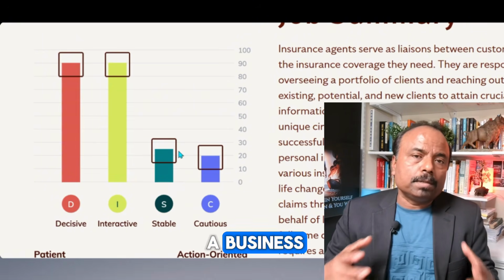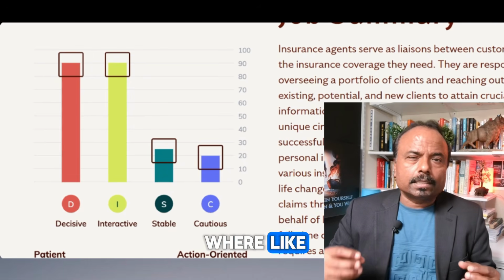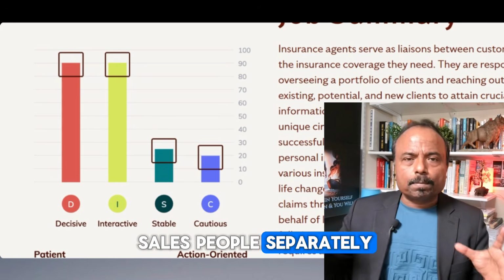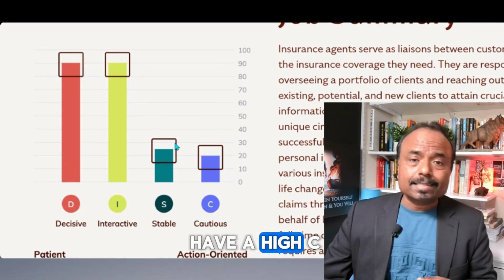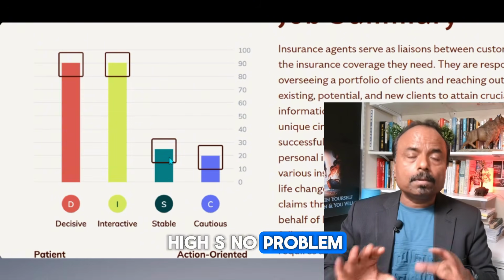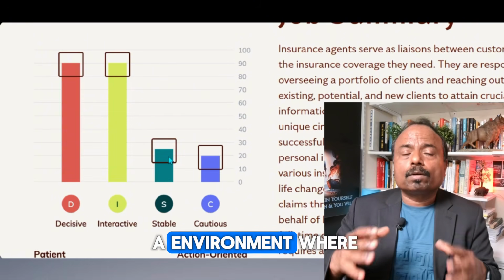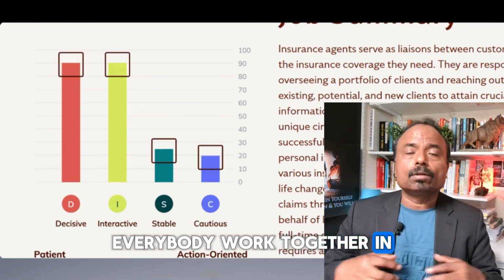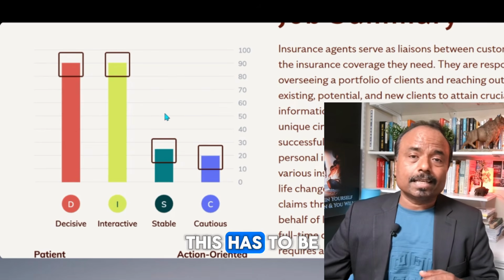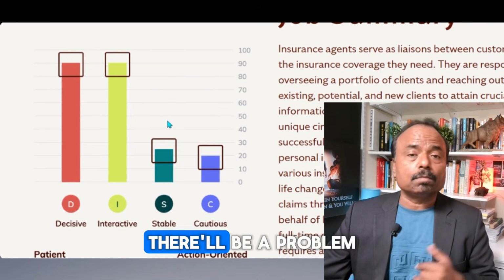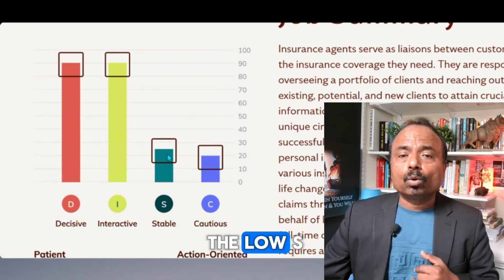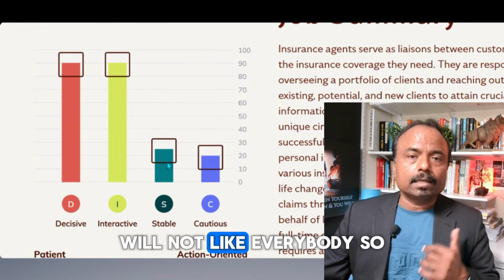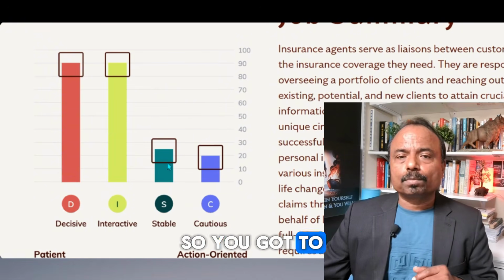But if you have a business where, say, you send your salespeople out separately, it's okay, they can have a low S, no problem. But if you have an environment where everybody works together on the same project, this has to be a little bit high. Otherwise there'll be a problem, because the people with a low S will not like everybody. So you've got to be mindful about that.